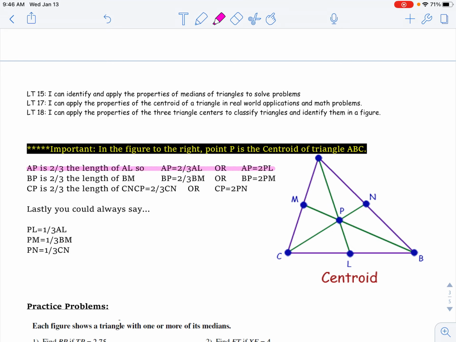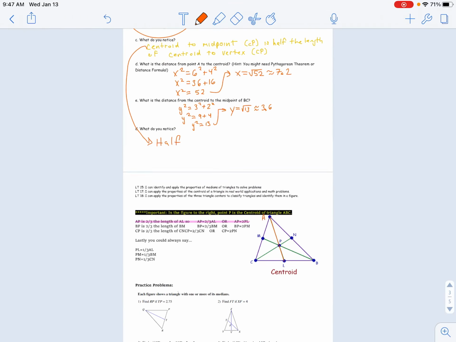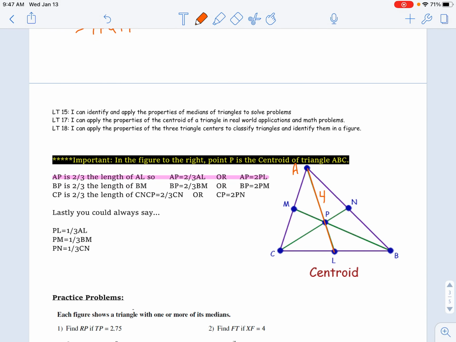AP is 2/3 of the length of AL. So hold on. A is supposed to be up here. So what it's really saying is, let me think, we'll use those numbers we had above, 4 and 2. Let's say it like this.